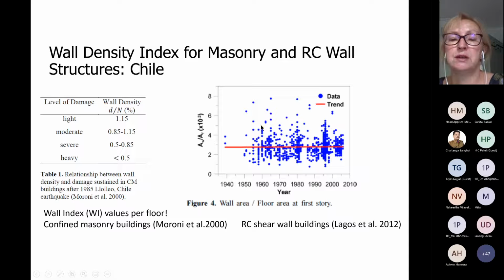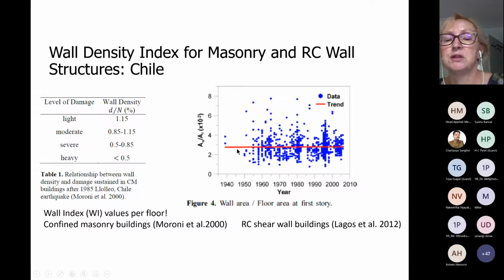The blue points are data for reinforced concrete shear wall buildings. In Chile, they almost don't use reinforced concrete frames at all. They use either confined masonry as far as masonry is concerned, or in concrete, they use concrete shear wall buildings. So the shear walls are the main elements of lateral load resistance.